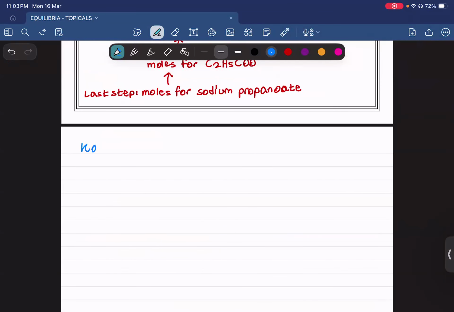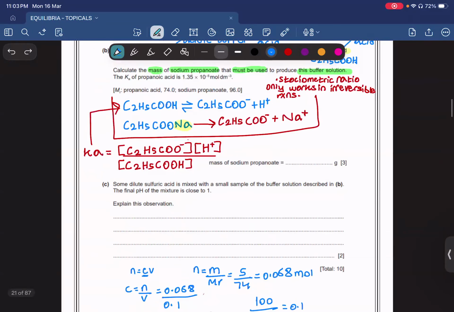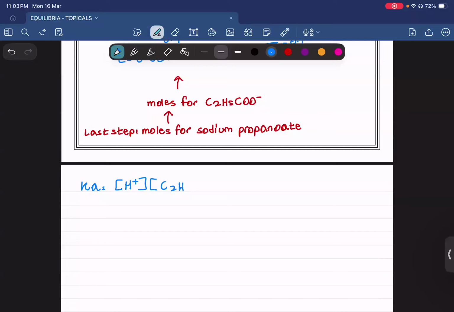Okay. So Ka, let me just copy the one we wrote above, equals concentration of H plus ions times concentration of that ion, which is C2H5COO minus, divided by the concentration of C2H5COOH.